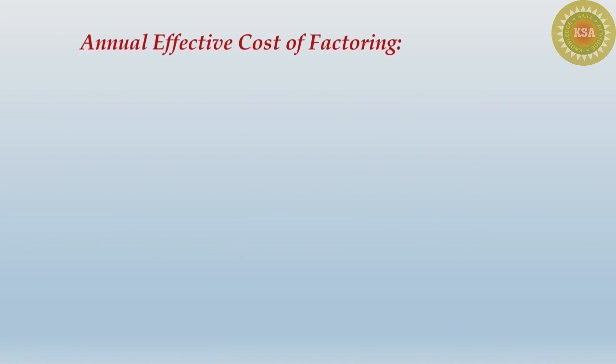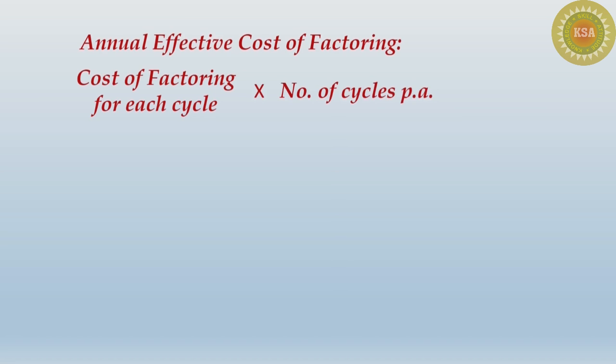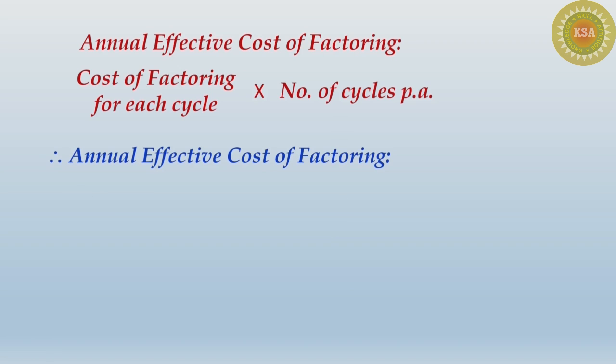Let us move ahead and now find out the annual effective cost of factoring. When you have made calculation for each cycle, you would have got cost of factoring for each cycle, that you should now multiply by number of cycles per annum. So in our case, it will be 5.0833% for each cycle multiplied by 4 cycles, that will eventually give you 20.33% per annum, what we have originally obtained when we have made calculations directly for 1 year.